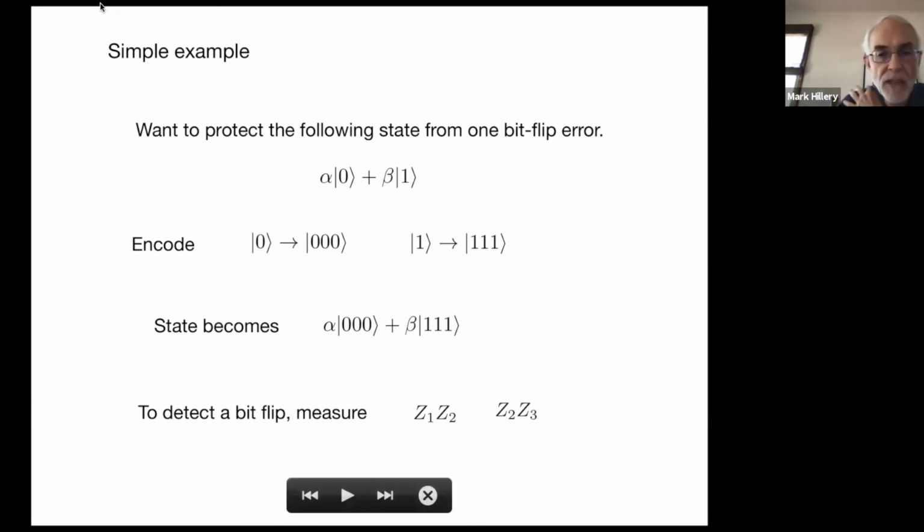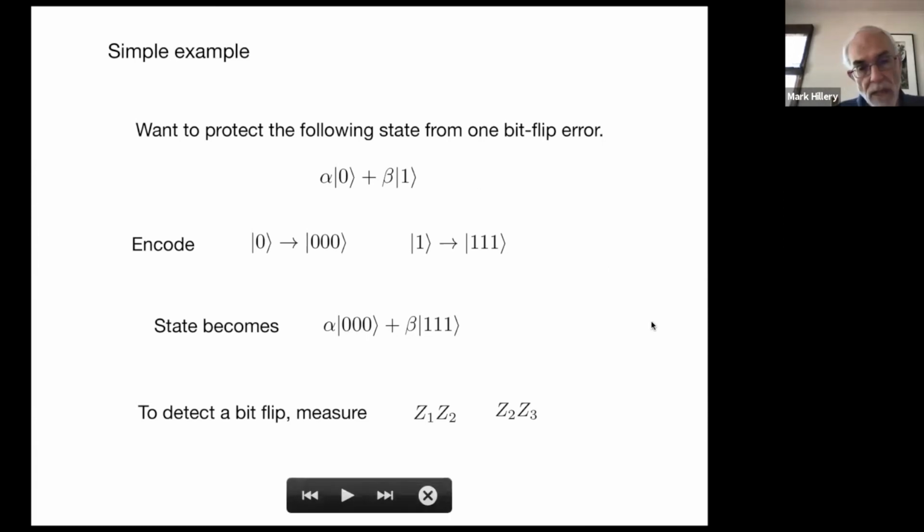And so what we want to be able to do is, if one of those qubits flips, fix it. Let's see how that works. We're going to measure this state using sigma z operators. Remember, sigma z maps 0 to 0, and maps the 1 state to minus the 1 state.